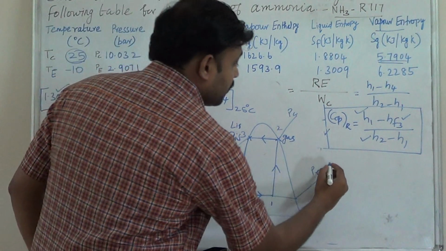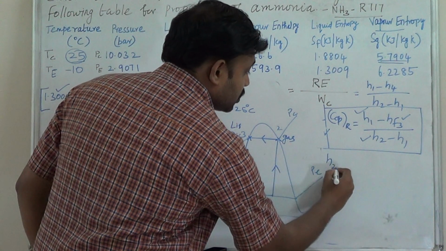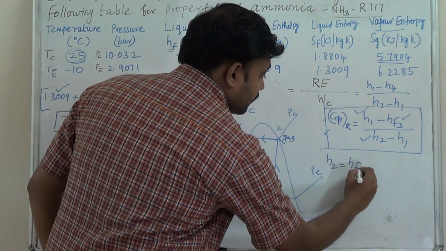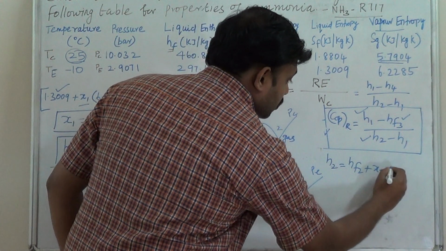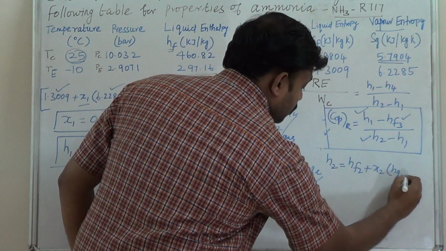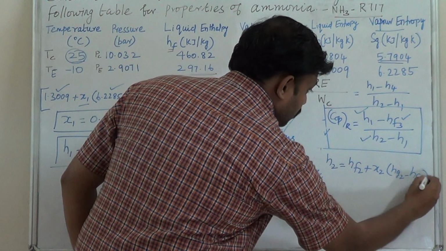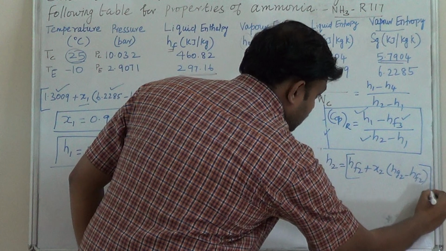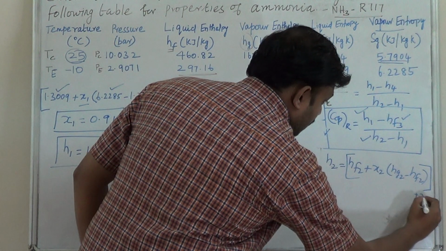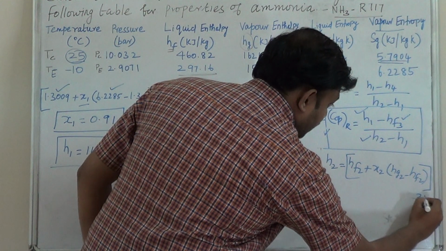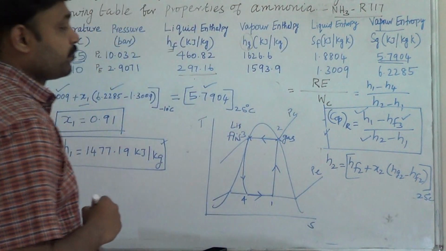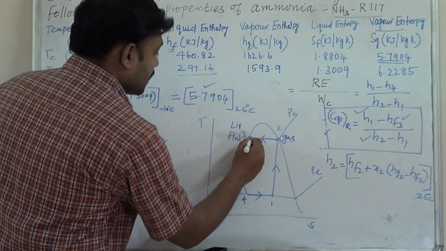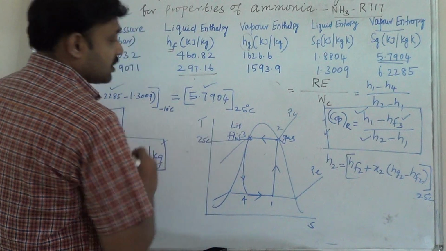So if I write the equation for point 2, H2 is going to be HF2 plus X2 into Hg2 minus HF2, corresponding to the temperature of condenser, which is 25 degree centigrade.